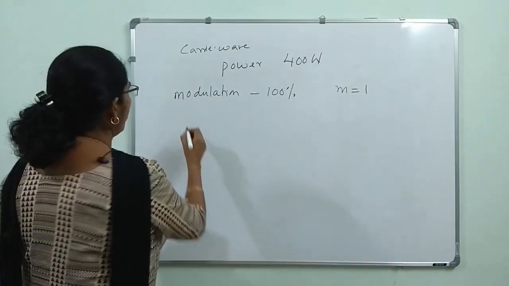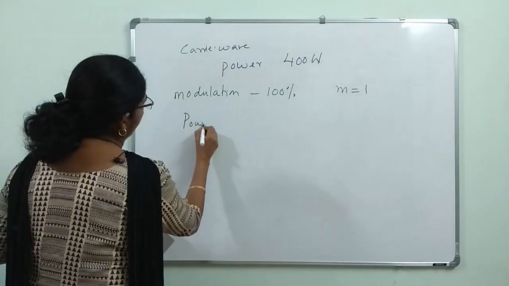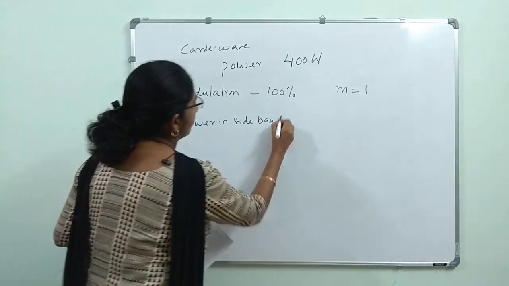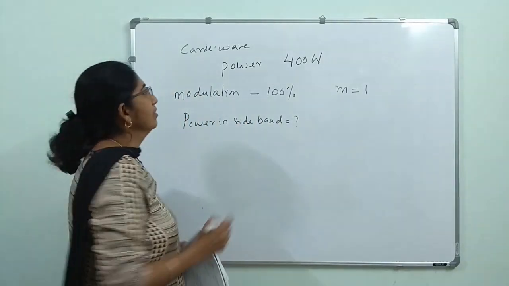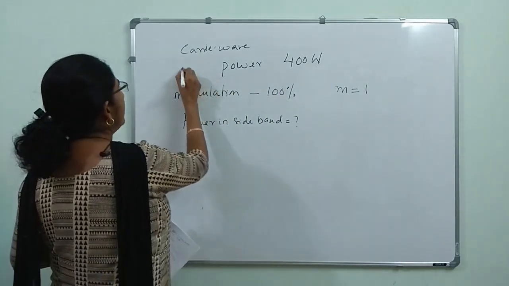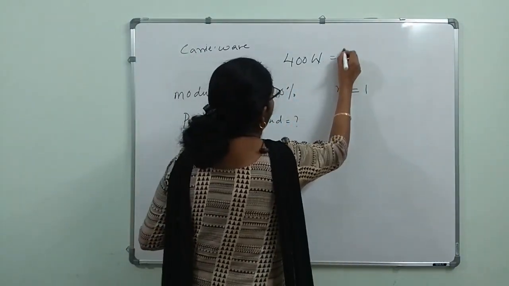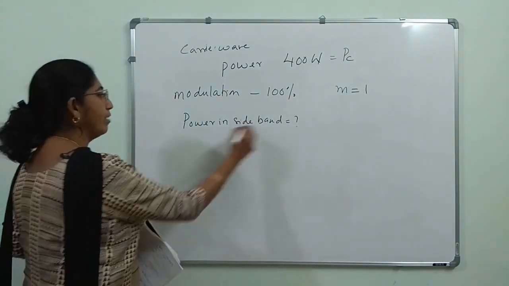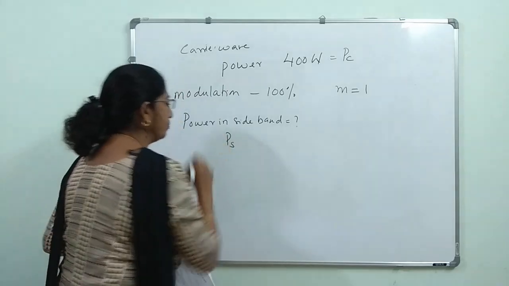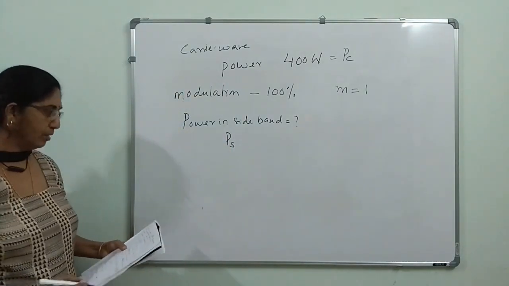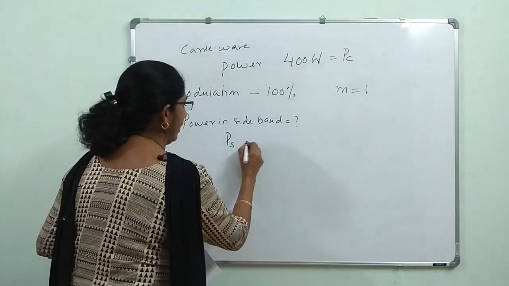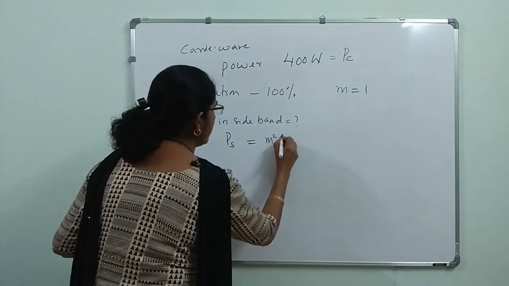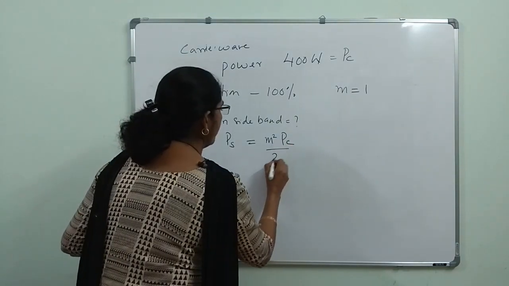Now we want to calculate what is the power in the sideband. We'll find out. This is the power of the carrier wave, I'll put it as power in the carrier wave. I have the value of M. Can you tell me how I'll calculate the power in the sideband PS? PS is related to PC by the relation M square PC by 2.